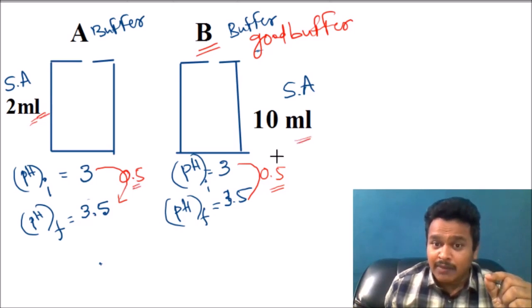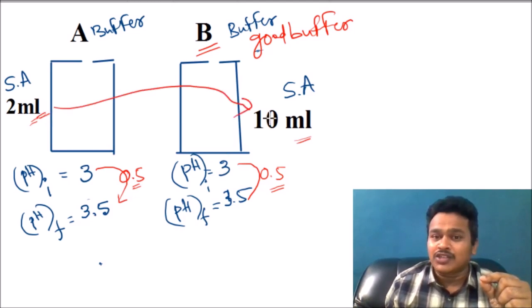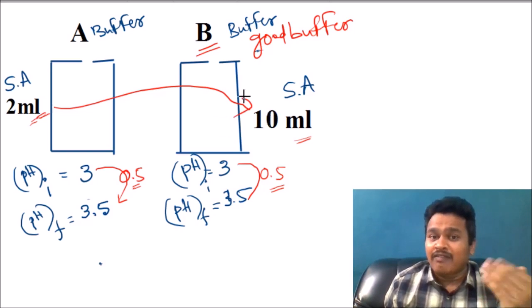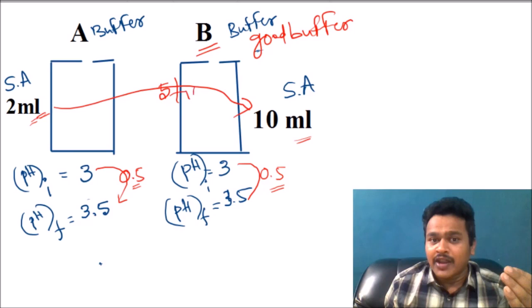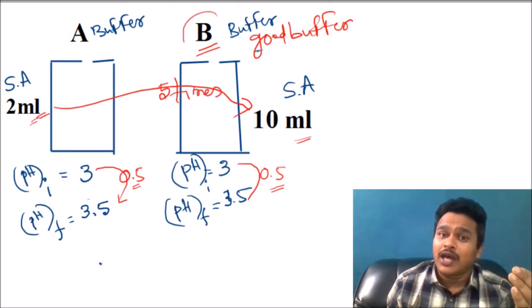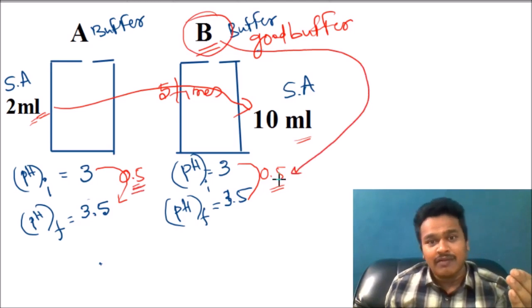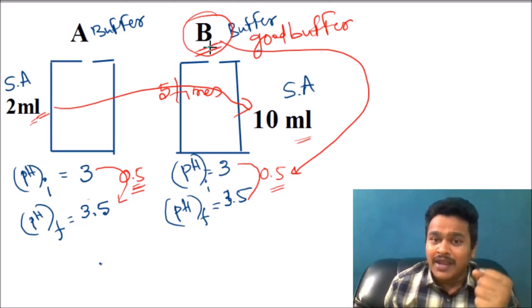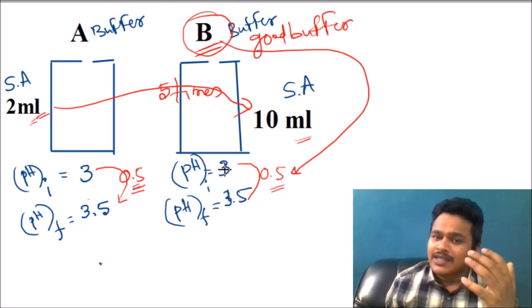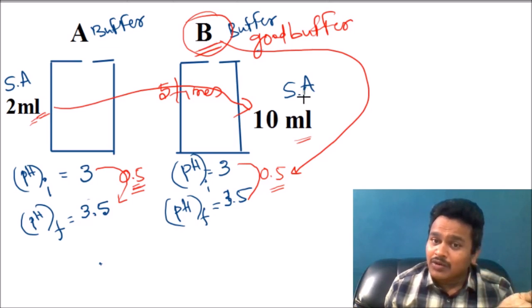But for B, you add 10 ml, almost 5 times more strong acid, and still it gives the same change. So the B buffer maintains the pH value almost the same, with the same change in pH, even though you are adding a large amount of strong acid.